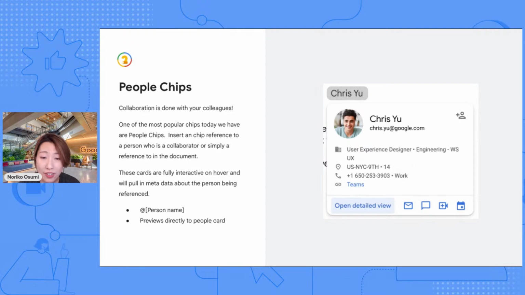Things like title, location, or phone number and so on are basically plugged in from how you manage your company's or organization's users and contacts, so that the user can pull and access this people directory from the doc.